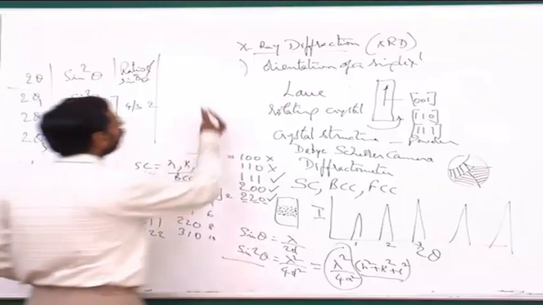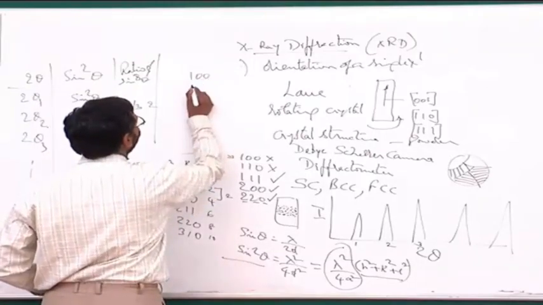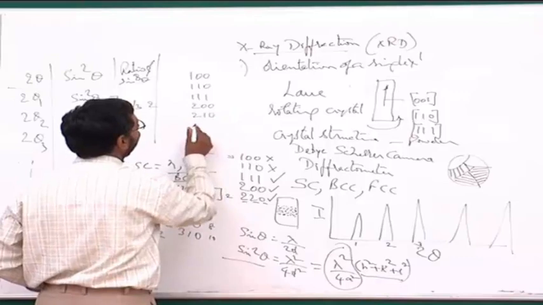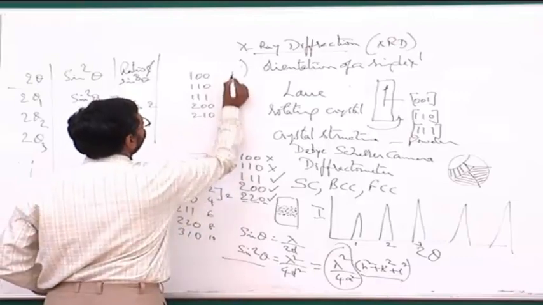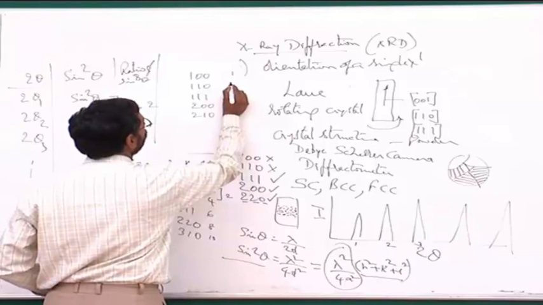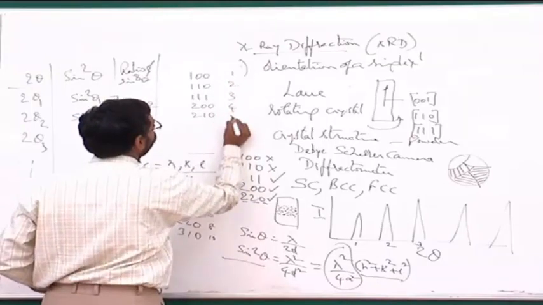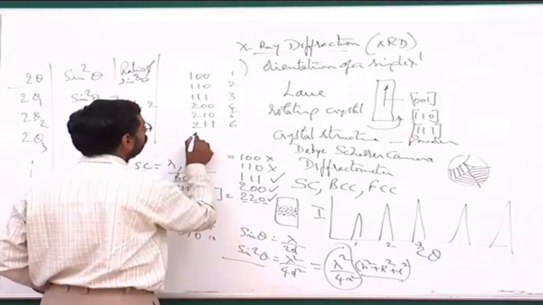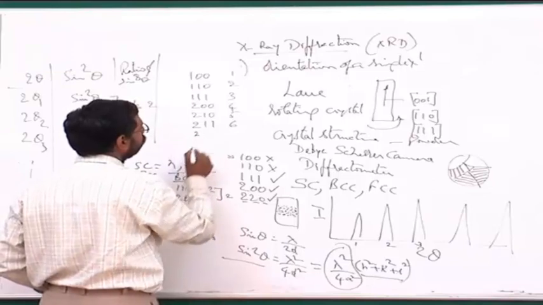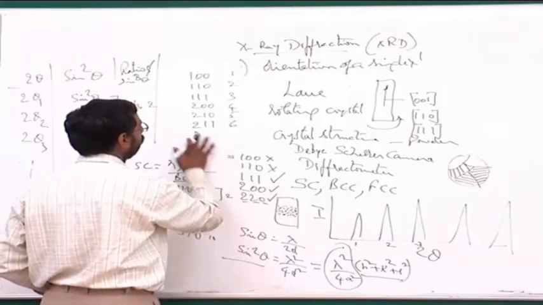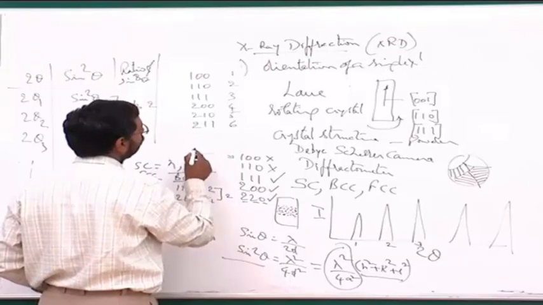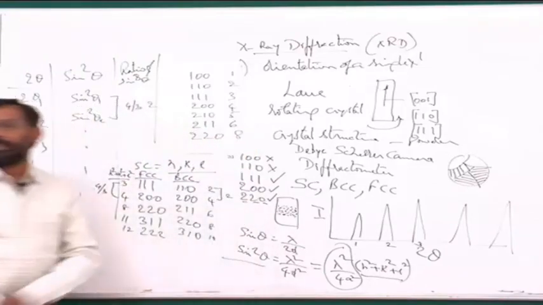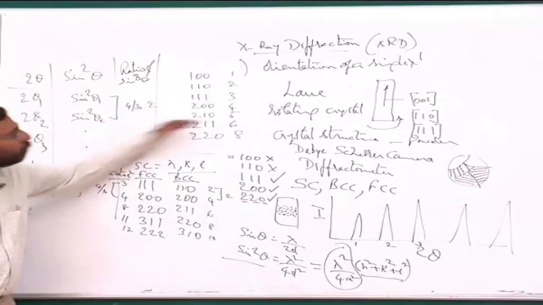Because in simple cubic, what are the planes that can give you diffraction? 100, 110, 111, 200, 210, and the squares, H square plus K square plus L square, are 1, 2, 3, 4, 5, and 6 is 211, and then 7 will be 2, 2, 0? No. 7 is not possible, we said. So the next one is 8, because there is no 7 possible.